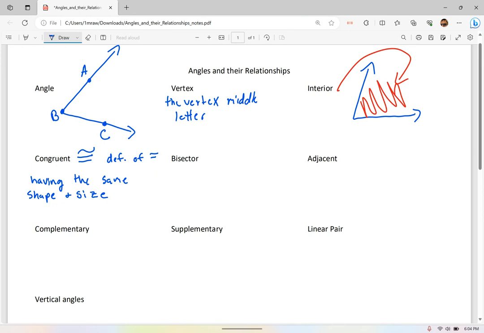And bisector is a key word. Okay, so when I bisect something, that means we cut it into two equal pieces. This is super important, because we can cut into two pieces, but that doesn't necessarily mean that they're equal.